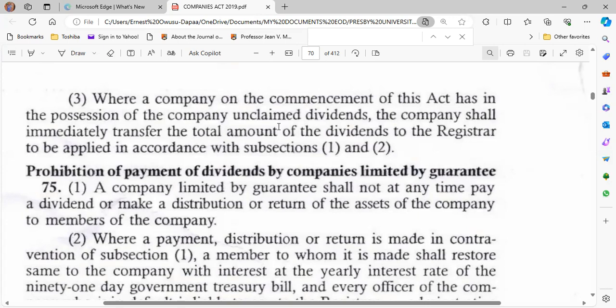So we are looking at unclaimed dividends as at the time the new law came into force. Section 74.3 is saying that immediately, if you have unclaimed dividends, you must process them as we have been discussing without wasting time.